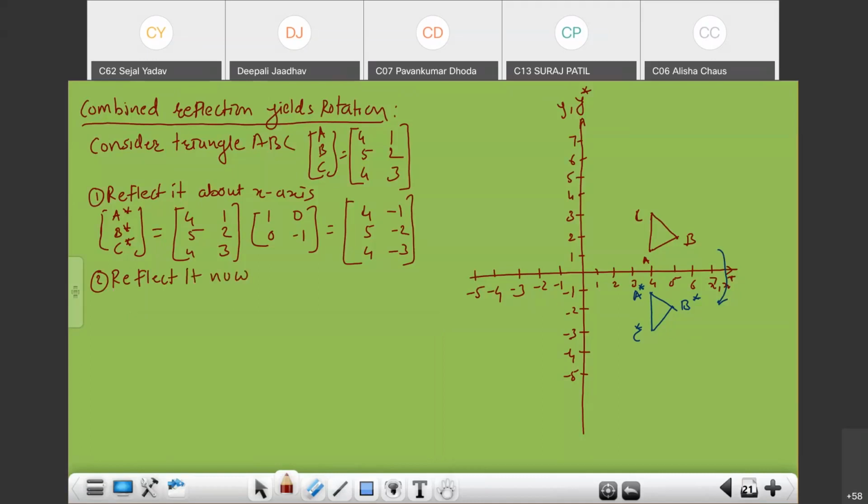Reflect A star, B star, the resulting triangle, about the line y is equal to minus x.